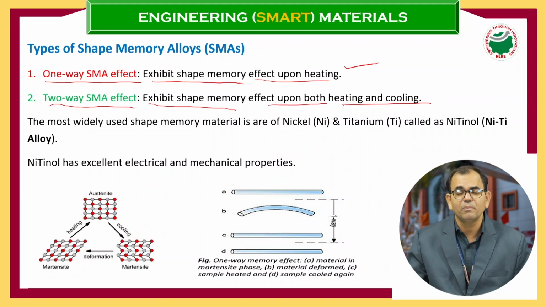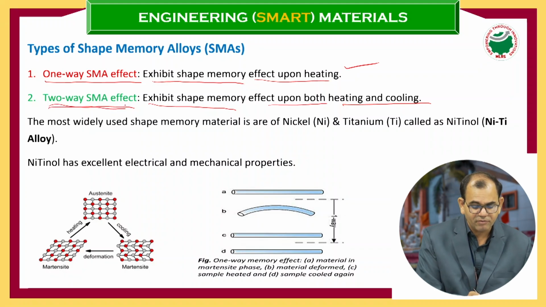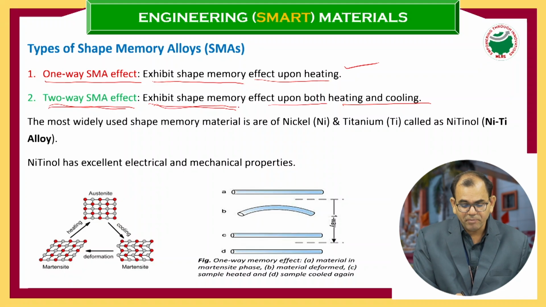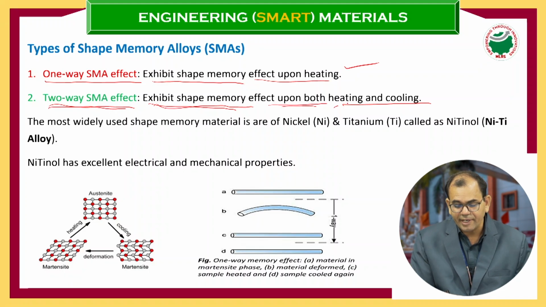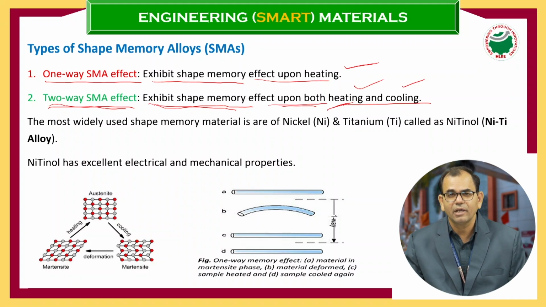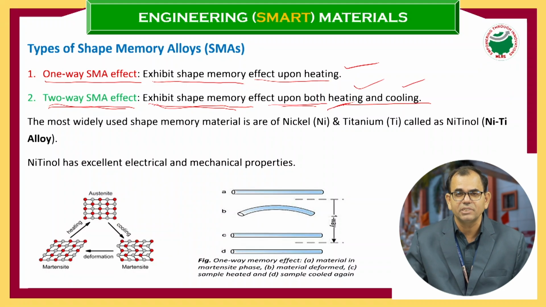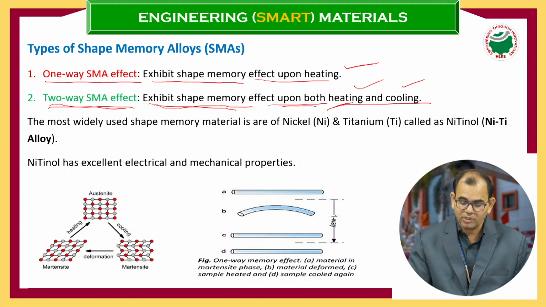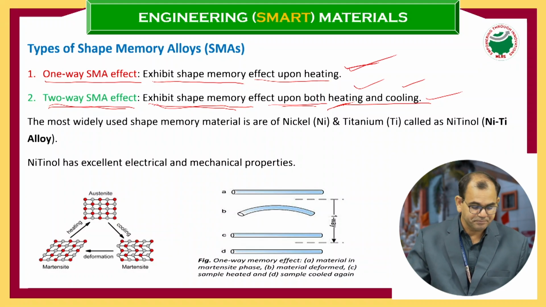Something like what we discussed in thermoplastics: upon heating they become soft, and upon cooling they become rigid. Rigid is nothing but hard. Similarly, a two-way shape memory alloy exhibits the shape memory effect upon both heating and cooling. That means while heating the shape is deformed, but upon cooling it goes back to its original shape. That's why it is two-way. This is only one-way. So, two types of shape memory alloys.